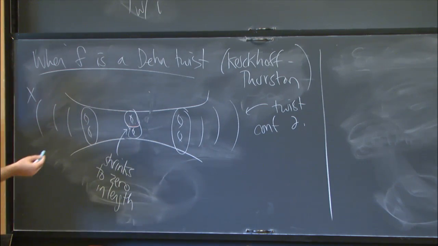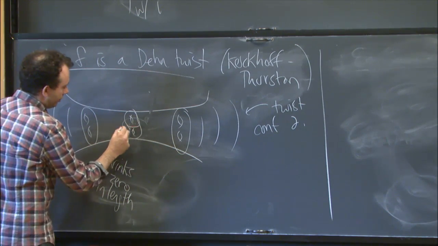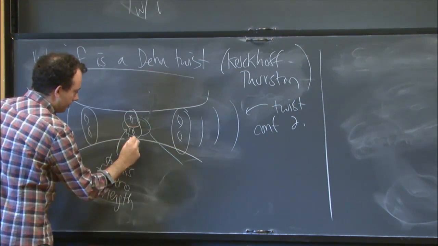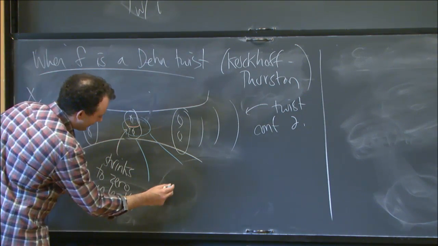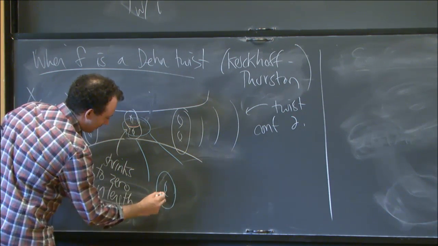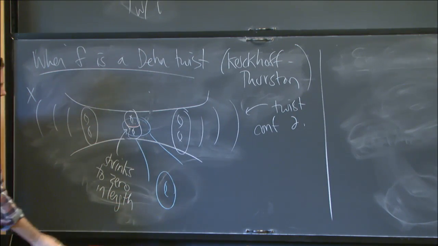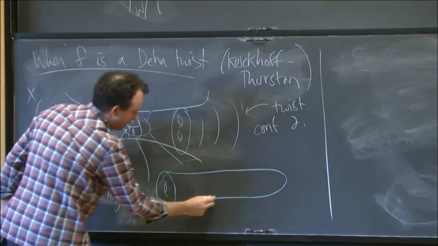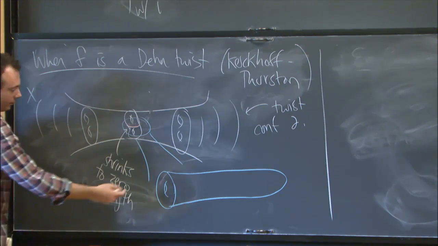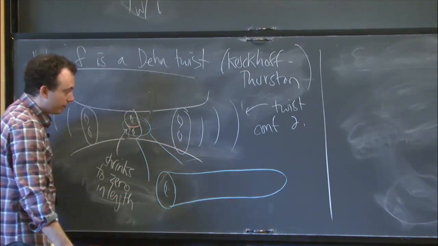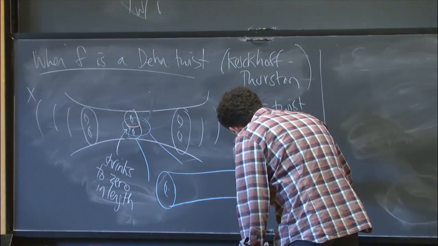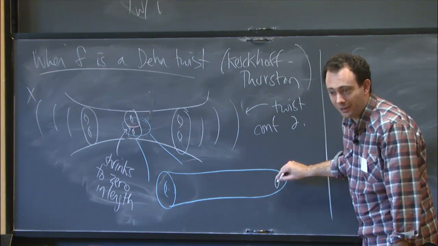Maybe a more accurate picture of what's happening near the geodesic: let's take our magnifying glass, in which we transfer between two schematic representations of 3-manifolds. In the neighborhood of this curve, you're looking at a neighborhood that looks like a solid torus where the curve is very short and way out here.